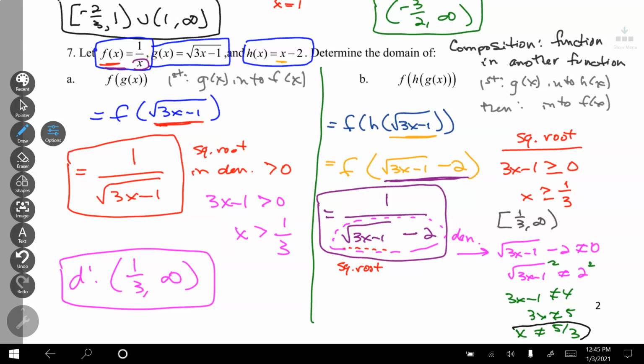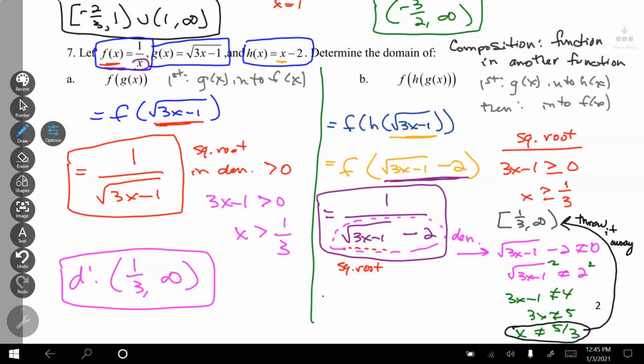Well, once I get this result, I have to ask myself, is 5/3 part of that earlier domain? The answer is yes. 5/3 is in that window, so I have to throw it away. I have to get rid of x equals 5/3.